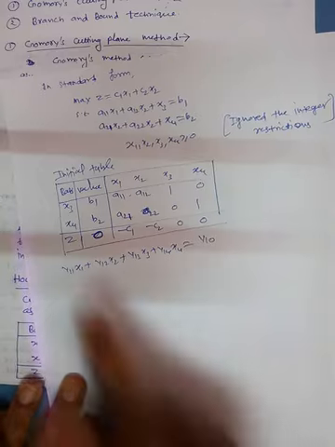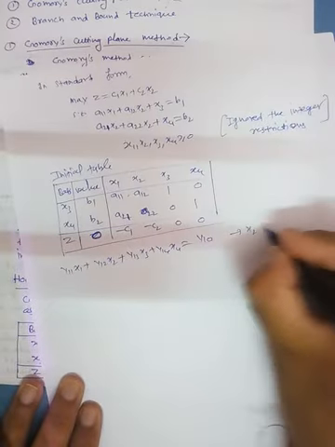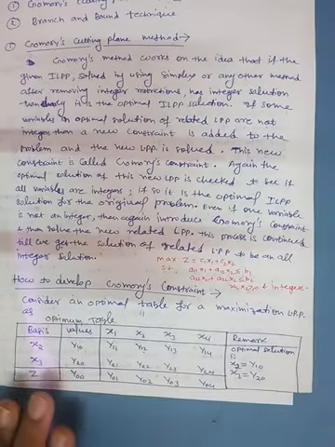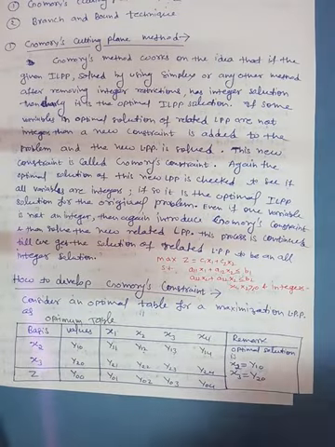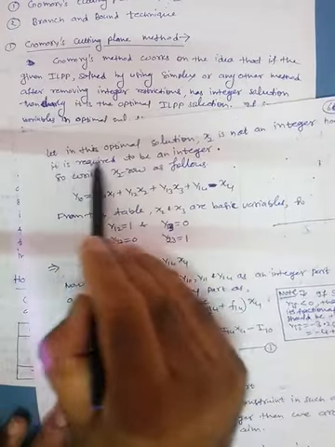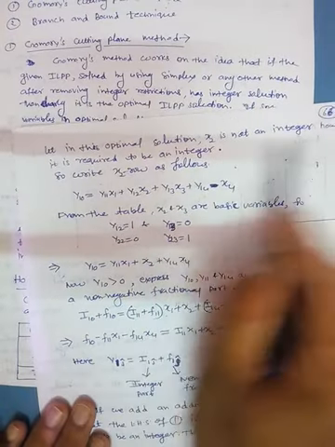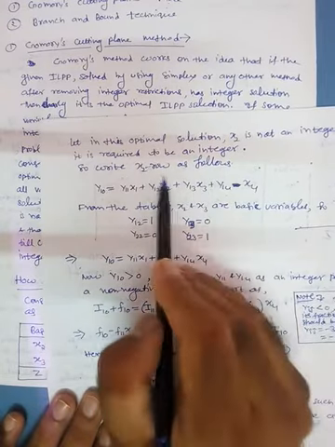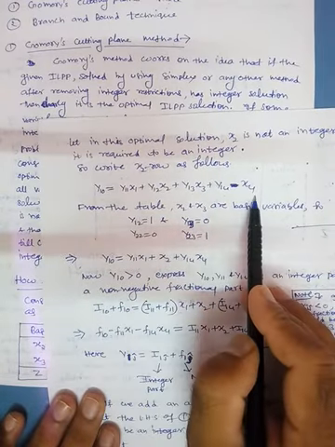So this is the x2 equation, the x2 row. Now we will use this x2 row. Let in this optimal solution x2 not be an integer, which is required to be an integer. So write the x2 row as follows.